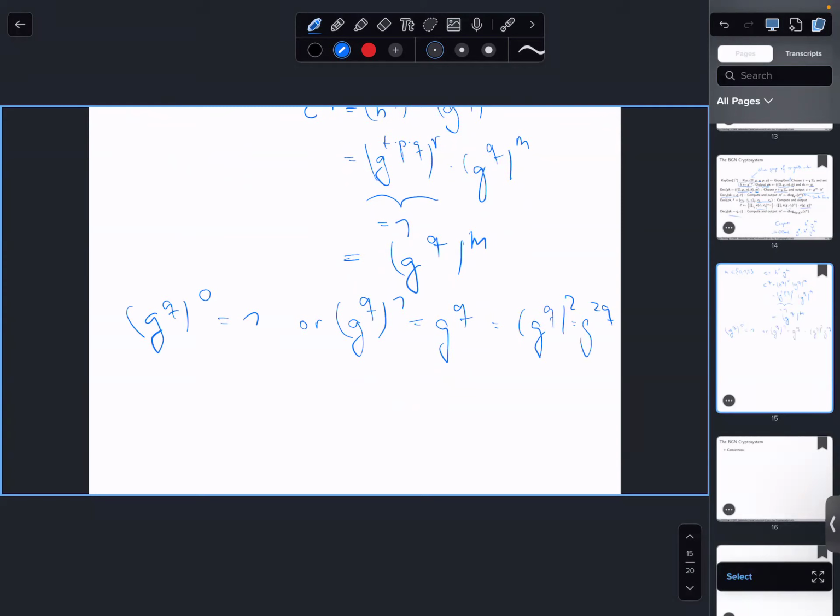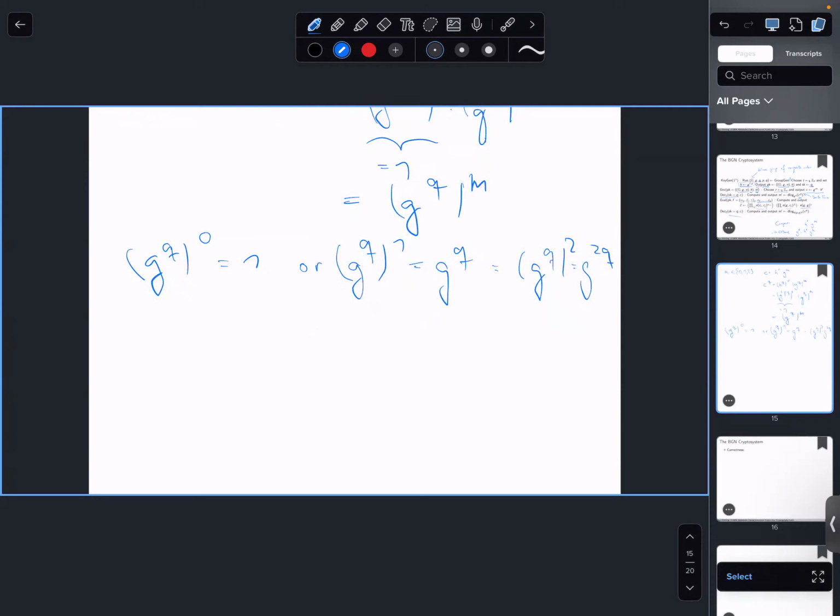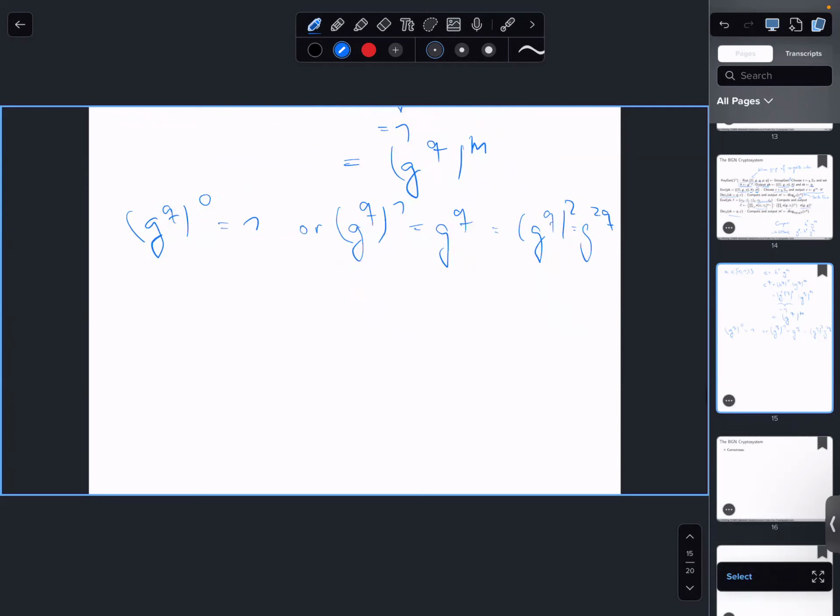Okay, and that's just 3 possibilities. I can test all these 3 possibilities. I can test if something is 1.